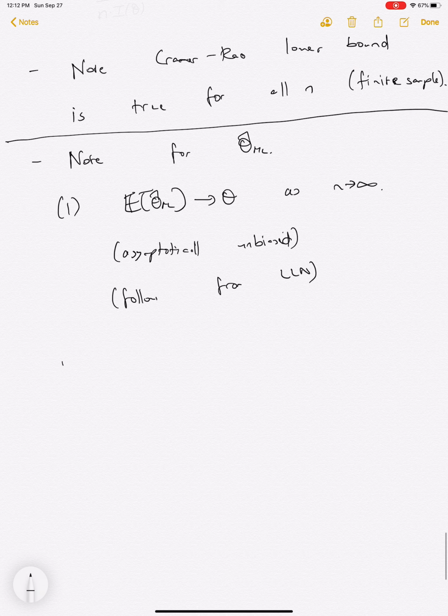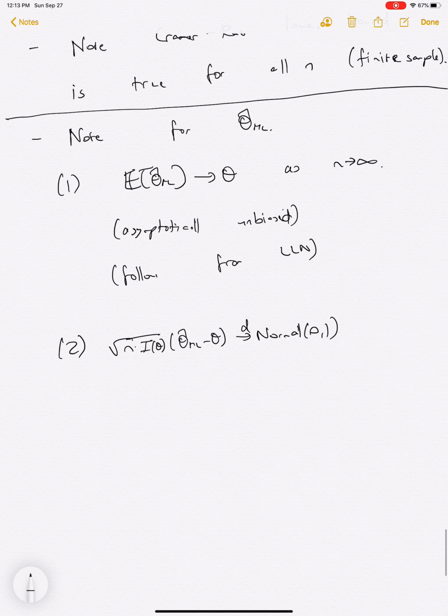And then we also know that asymptotically the variance of theta hat ML converges to 1 over n times I of theta as n goes to infinity.